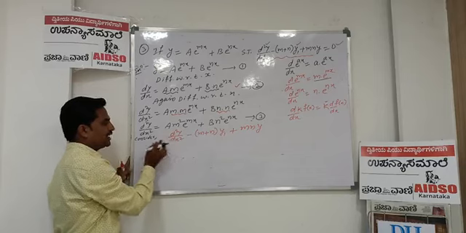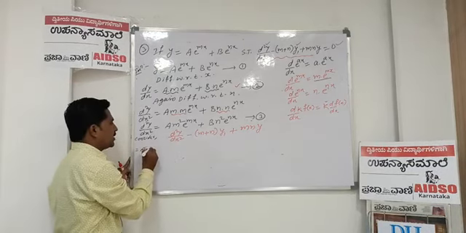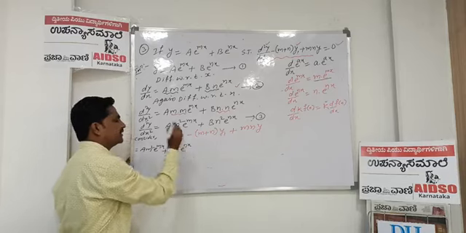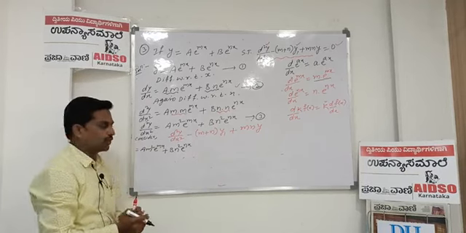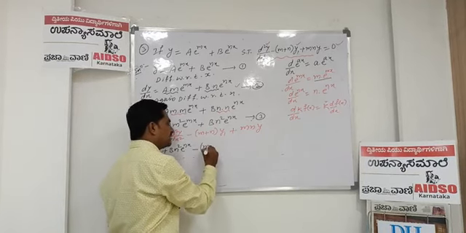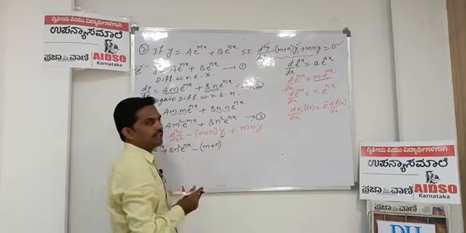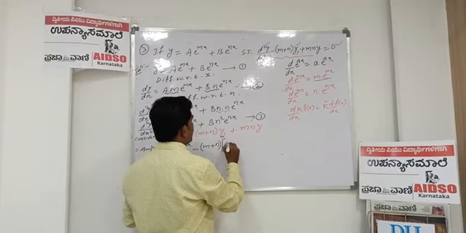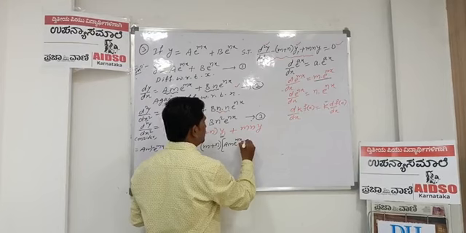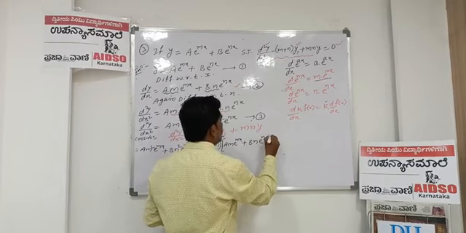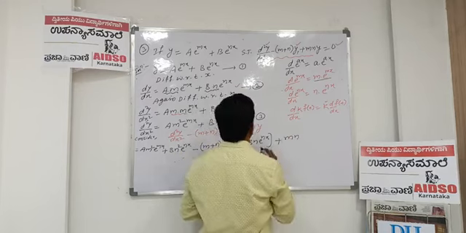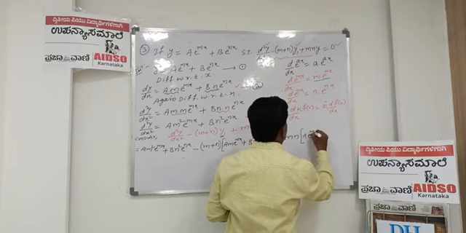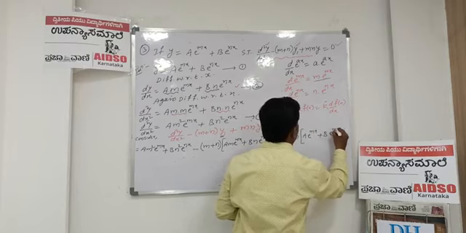So now d square y by dx square. From equation 3 we can take the value, and that value is am square e to the power mx plus bn square e to the power nx. This is nothing but d square y by dx square, minus (m plus n) as it is, next y1, which means dy by dx, and the dy by dx value is am into e to the power mx plus bn into e to the power nx, plus mn into the y value, which is the given condition, that is a into e to the power mx plus b into e to the power nx.